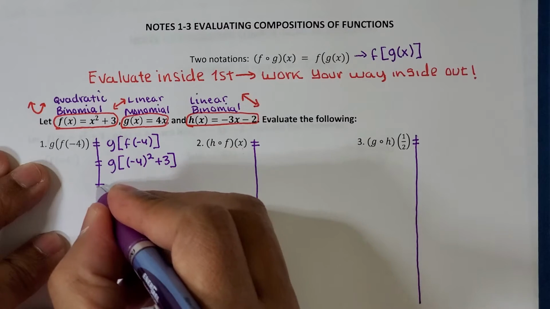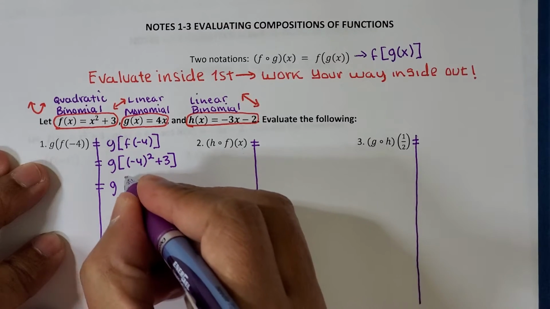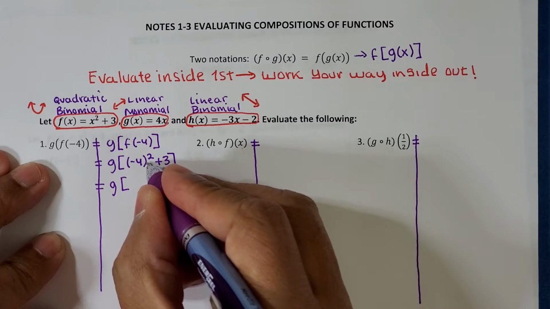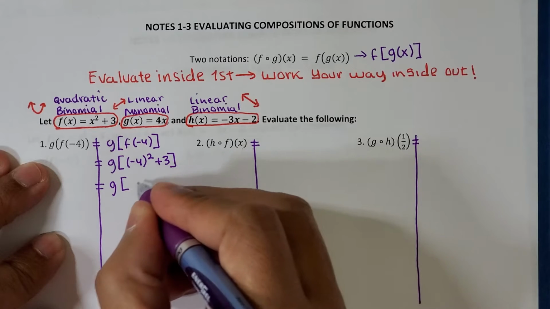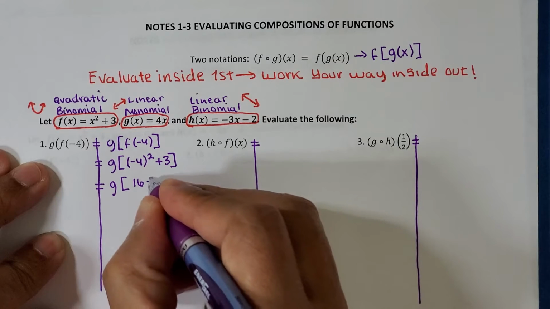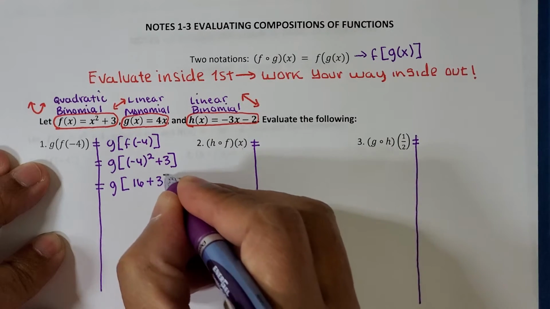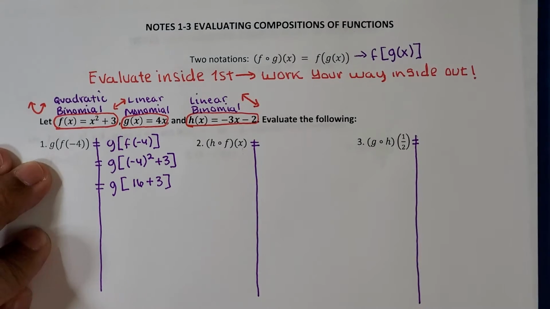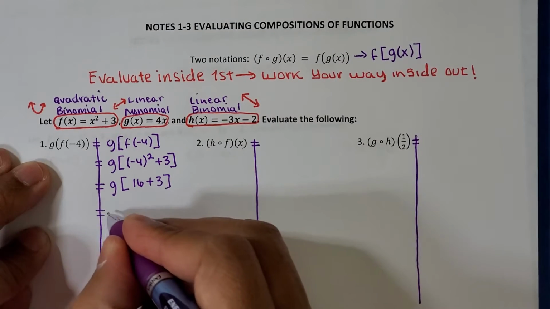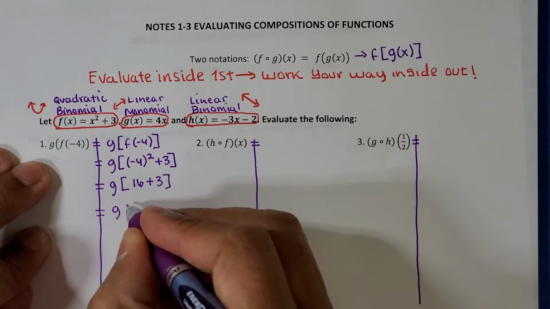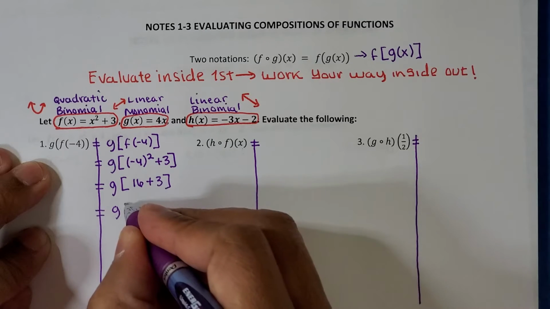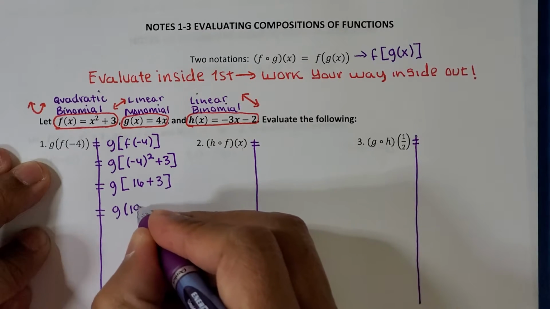So then this will be g of -4 squared, which is -4 times -4, which is positive 16, and then I'm going to add 3 to 16. And next I'm going to have g of 16 plus 3, that's going to be 19.